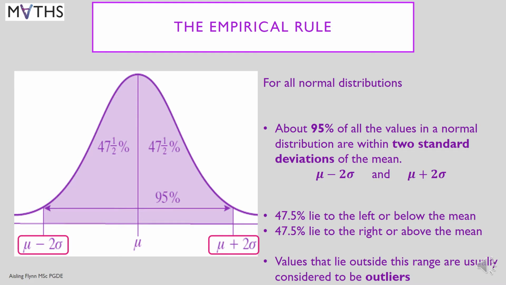So if you had a value down here, it's very, very small, it's outside of our purple zone here, and it would be an outlier on the small side. Or up here you would have large outliers, so values that are much, much bigger than the general data.